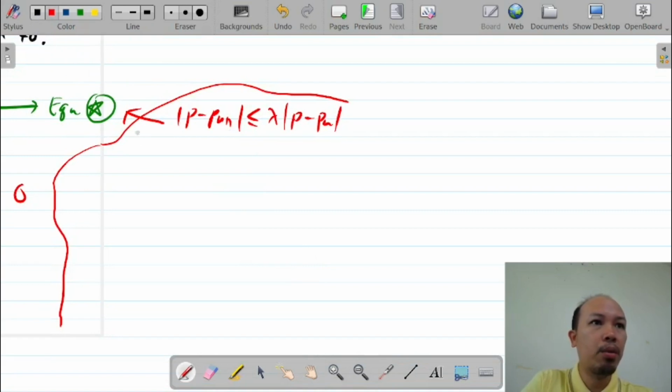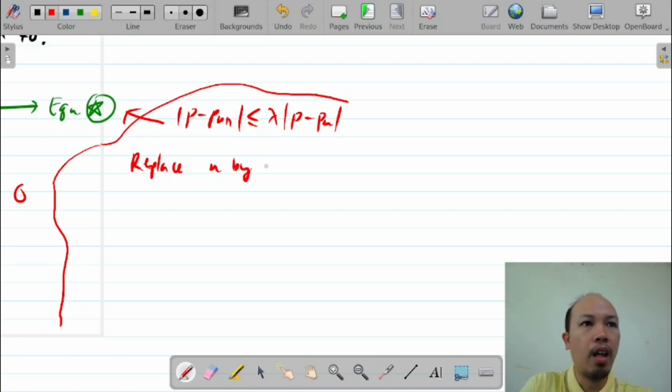First, since this is true for all n, replace n by n minus 1.